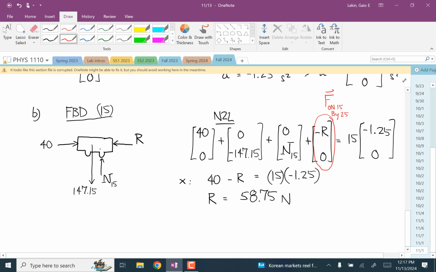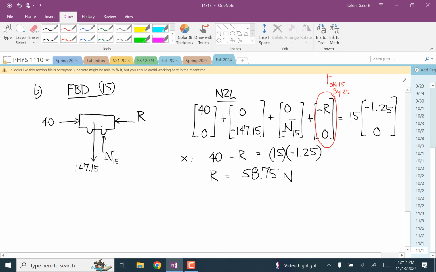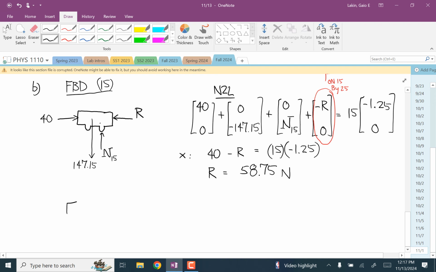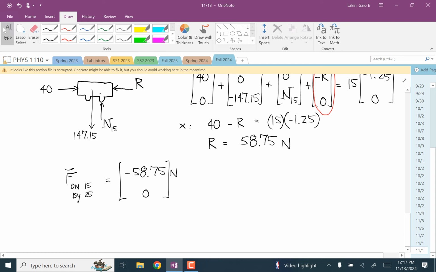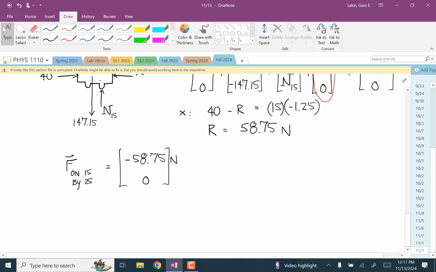And so now we have to plug that r variable value into this vector. And so the force on the 15 by the 25 is negative 58.750. And then you can isolate the other body and go through that all again. You'll get the right answer.